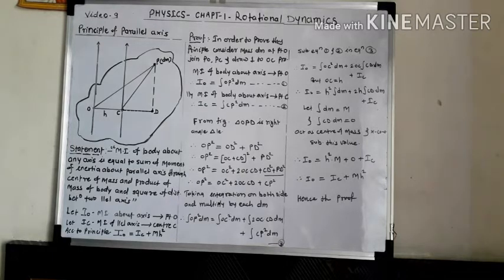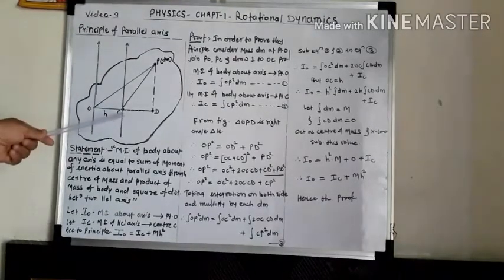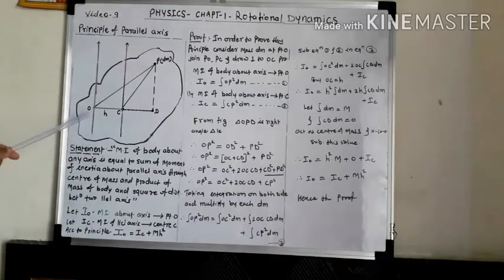This is very important. The moment of inertia of the body about any axis is equal to the sum of the moment of inertia about the parallel axis passing through the center of mass, and the product of mass and square of distance between the two parallel axes.